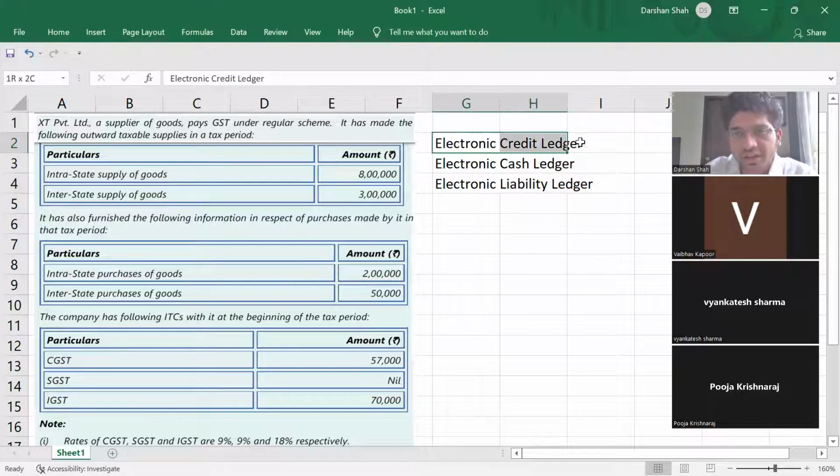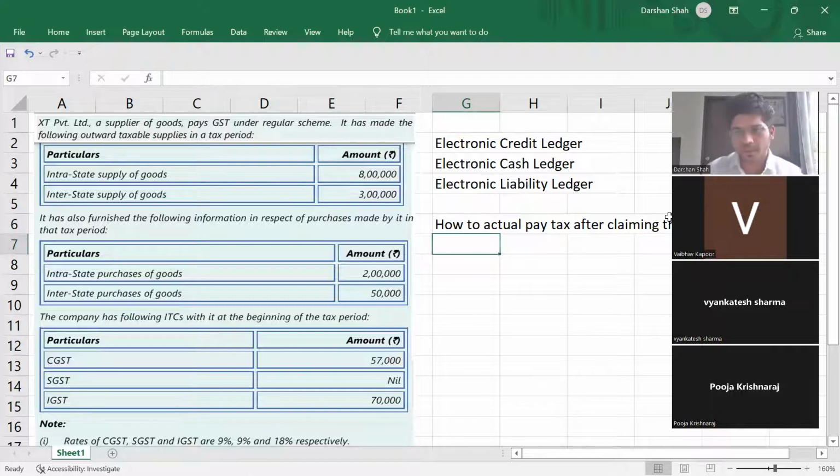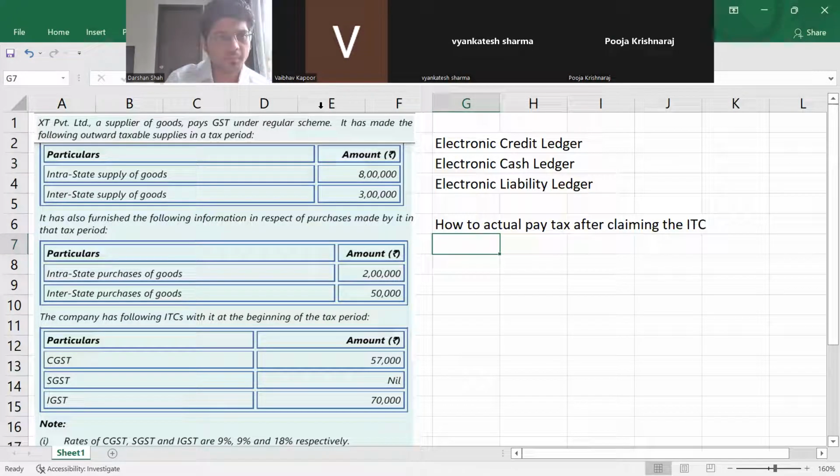Your input tax credit appears in the electronic credit ledger, and the actual payment of tax will be done through the electronic cash ledger. Okay. So today we'll see how to actually pay tax after claiming ITC. So this will be part of your question.